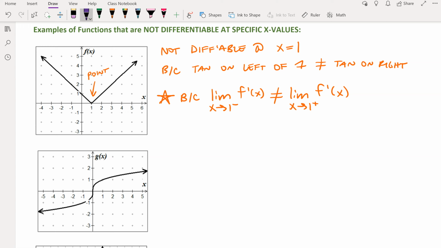The slope from the left is -1, right? M equals -1. But the slope from the right, M equals +1. Those aren't equal, so we cannot take the derivative at that point where x equals 1. Sweet. Let's do this graph. So, what point is this function not differentiable at?